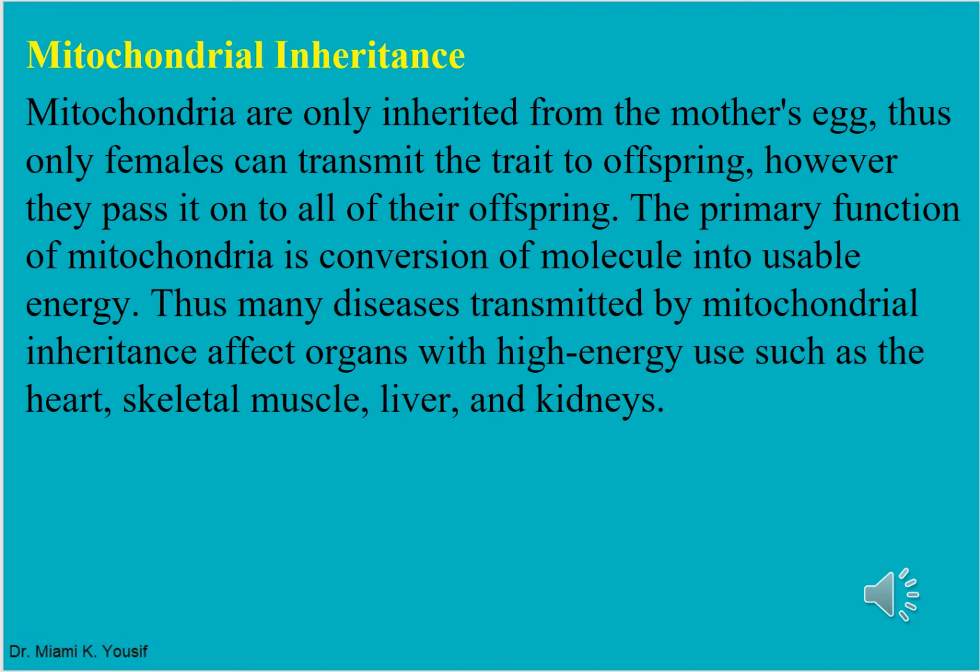The primary function of mitochondria, as you know, is conversion of molecules into usable energy. And for this reason, many diseases transmitted by mitochondrial inheritance affect organs with high energy use, such as the heart, skeletal muscle, liver, and kidneys.